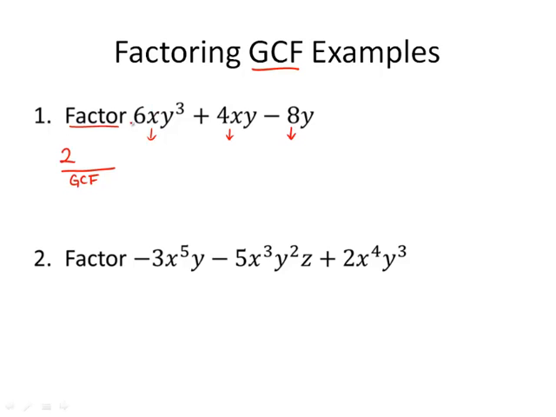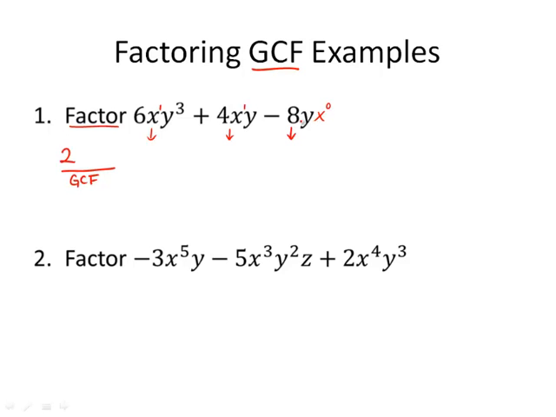So what number of x's can we divide all 3 terms by? Well, there's an x in the first term, x in the second term, but no x in the third term. So recall, we're looking for the lowest degree of x. X to the 1, x to the 1, and if there's no x, that's x to the 0. 0 is the lowest degree.